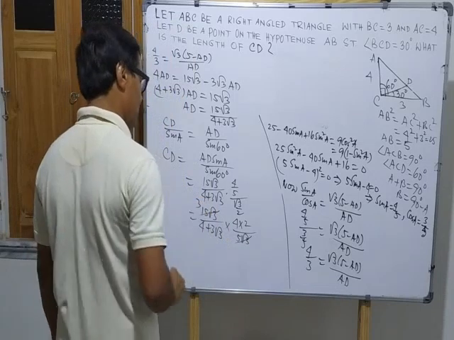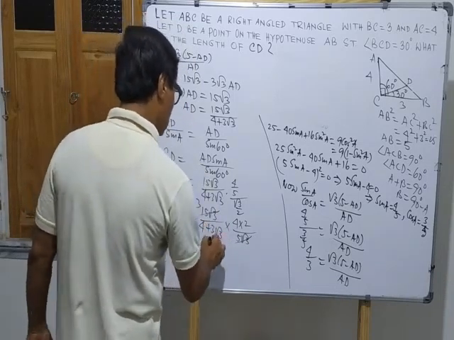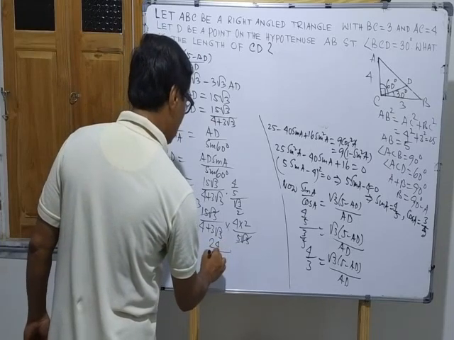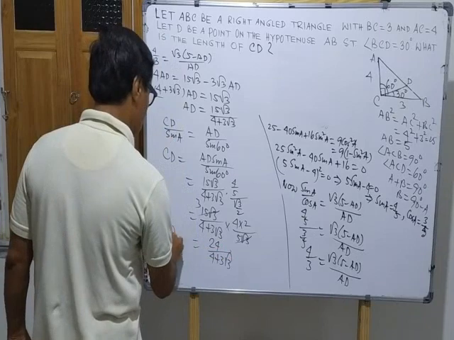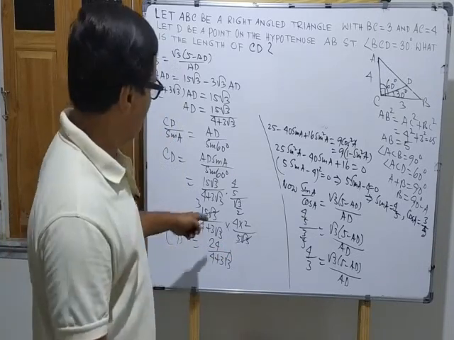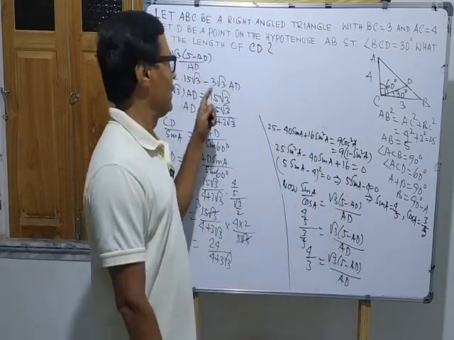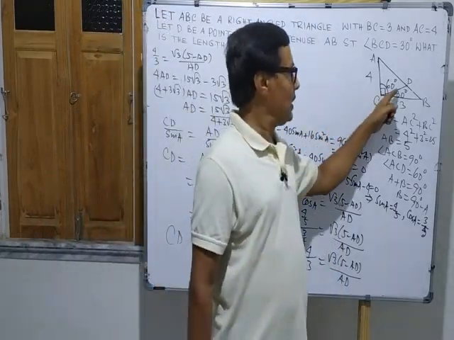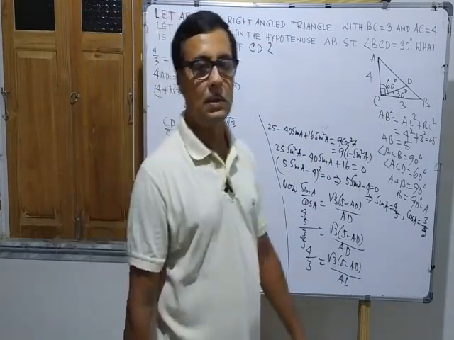This is 3, and this is equal to 24 over 4 plus 3 root 3. This is the value of CD. The value of CD is 24 over 4 plus 3 root 3.